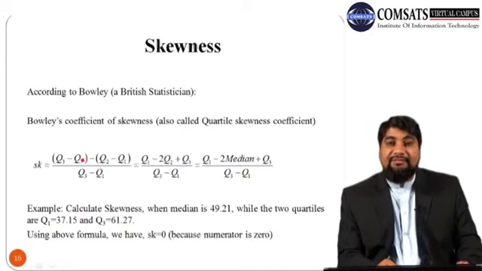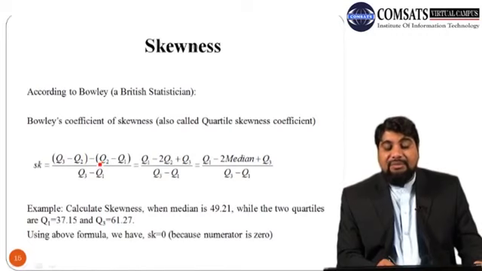So it is actually the difference of quartiles. If we simplify this formula further, we get Q1, minus 2 times Q2, and this Q3 as it is.